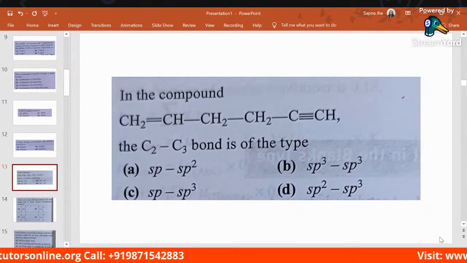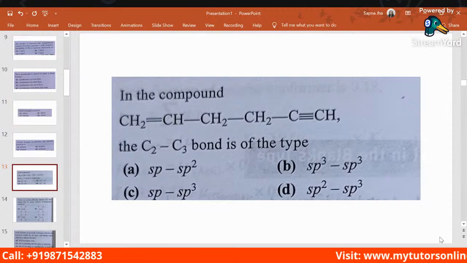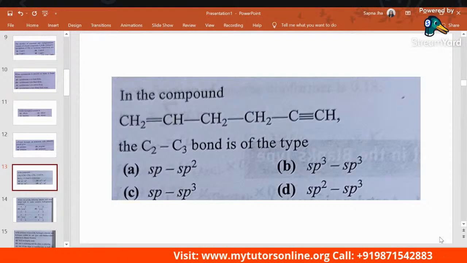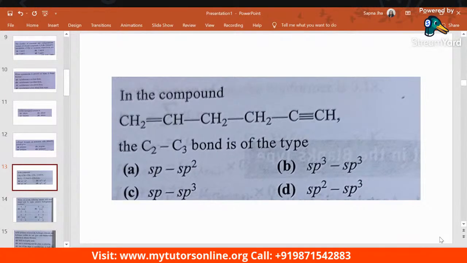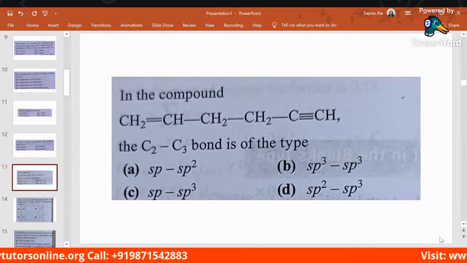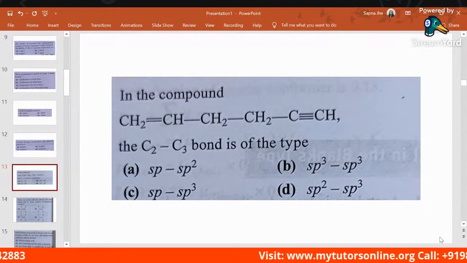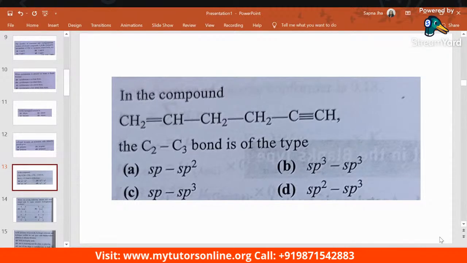In the compound that is given there, CH2 double bond CH, single bond CH2, again a single bond CH2, again a single bond, and you have C triple bond CH.